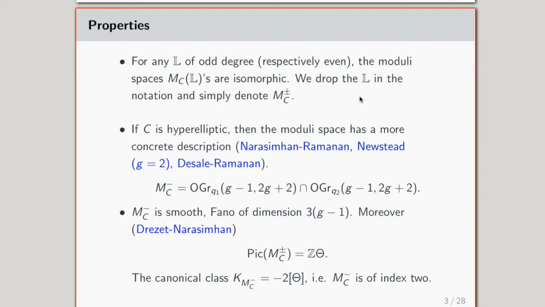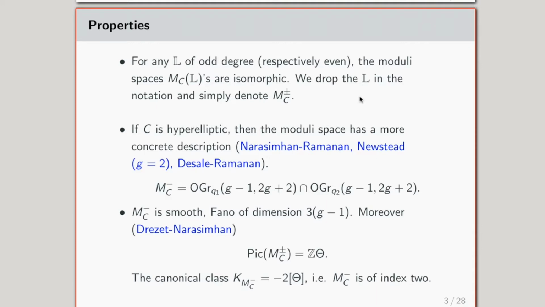But that's kind of misleading in the following sense. If I let C be a hyperelliptic curve, then there's a theorem. In genus g equal to 2, this is due to Narasimhan and Ramanan, and independently to Newstead. In arbitrary genus, this is due to Desale and Ramanan, who proved that this moduli space is just the intersection of two orthogonal Grassmannians.